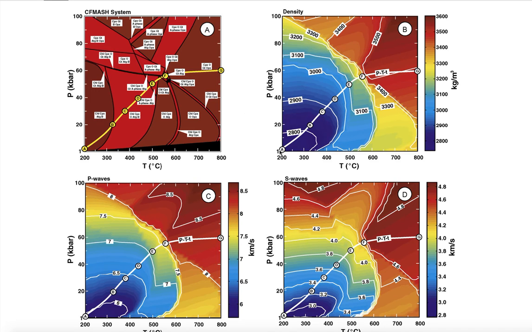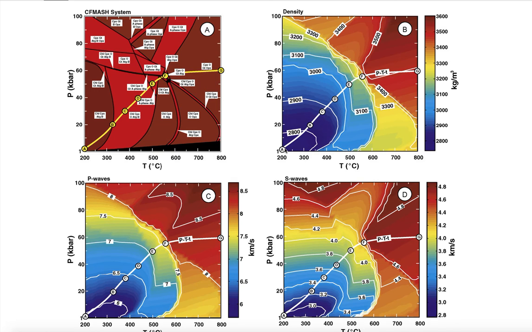So, and during dehydration here along your PT path, your rock becoming more and more dehydrated, and you are forming anhydrous mineral assemblages, and these mineral assemblages having then a higher density, yeah?